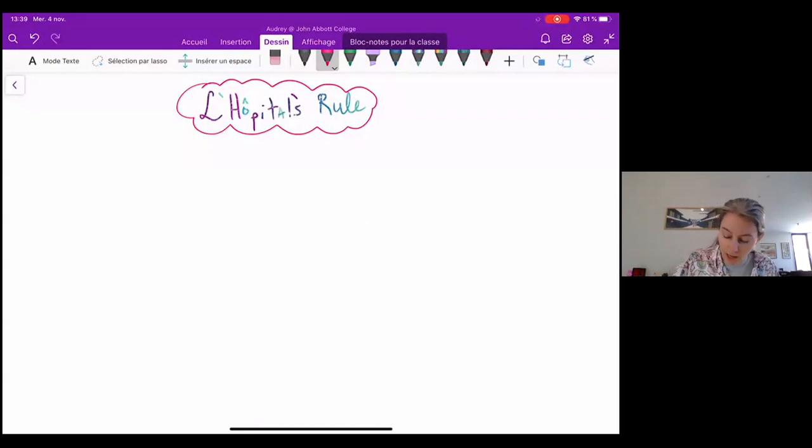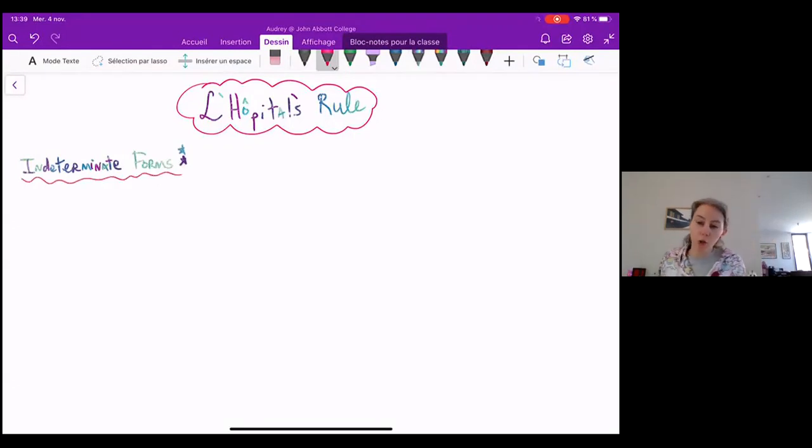So the first thing is indeterminate forms. In Cal 1, when you were evaluating limits, you learned two major indeterminate forms. The first of which is 0 over 0, and the second of which is infinity over infinity.